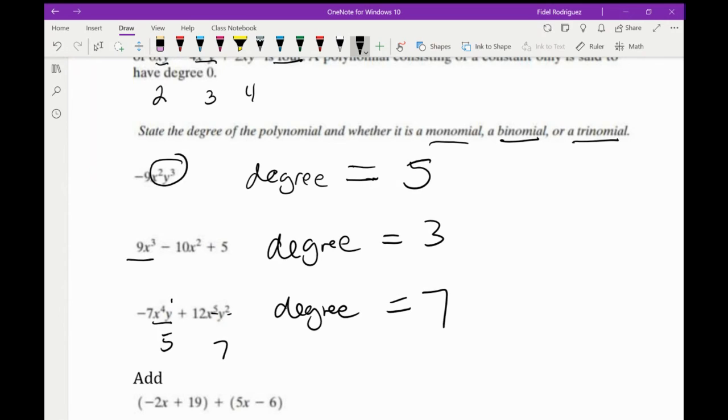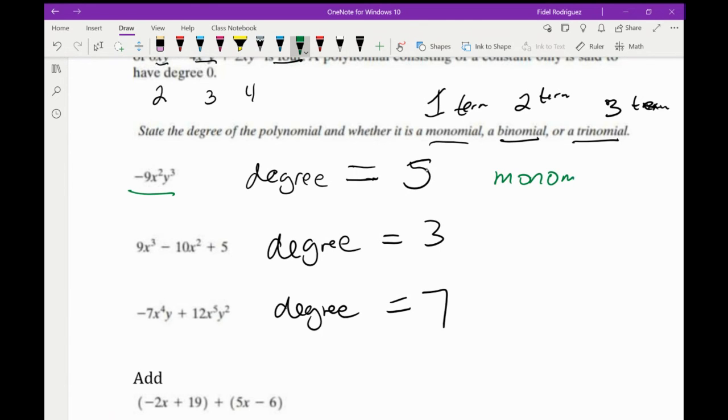Okay. Now, monomial means that there is one term. Binomial means there's 2 terms. And trinomial means there's 3 terms. Okay. So when I look at my problems here, there's one piece, so this is a monomial.